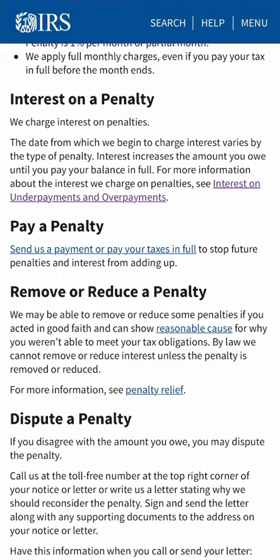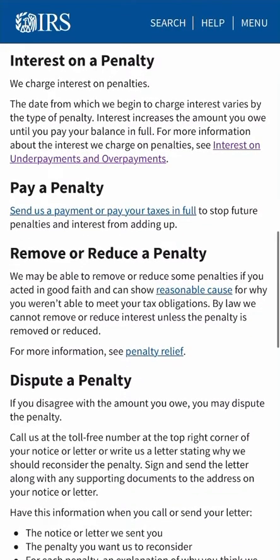You want to make sure that you send your payment in, so that way it can stop future penalties and interest from adding up. You want to go ahead and request to see if there's a possibility for you to either remove or reduce the penalty. And the way that you do that is by showing that you acted in good faith and that you can show reasonable cause as to why you were not able to meet your tax obligations.